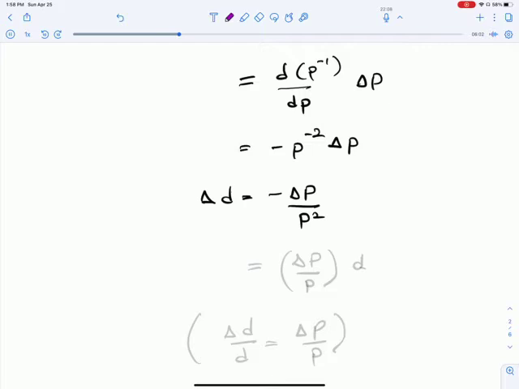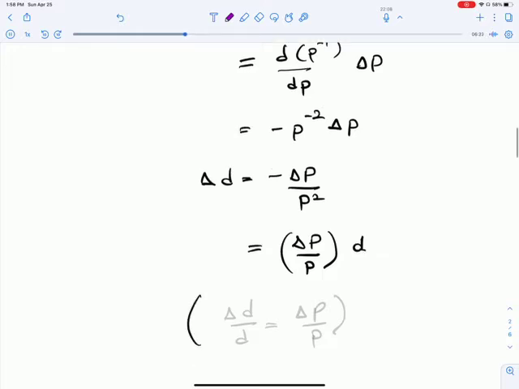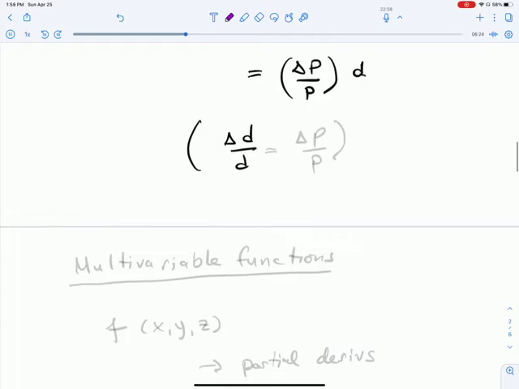But again, I can divide both sides by d, by 1 over p. And if I do that, then I get delta d is equal to delta p over p times d. Or maybe a slightly different way of looking at it is that delta d over d is equal to delta p over p.